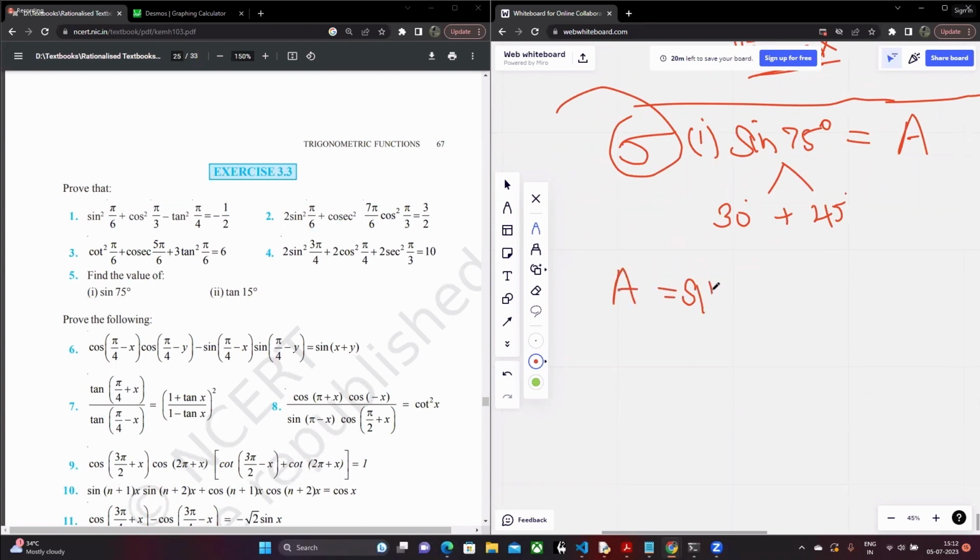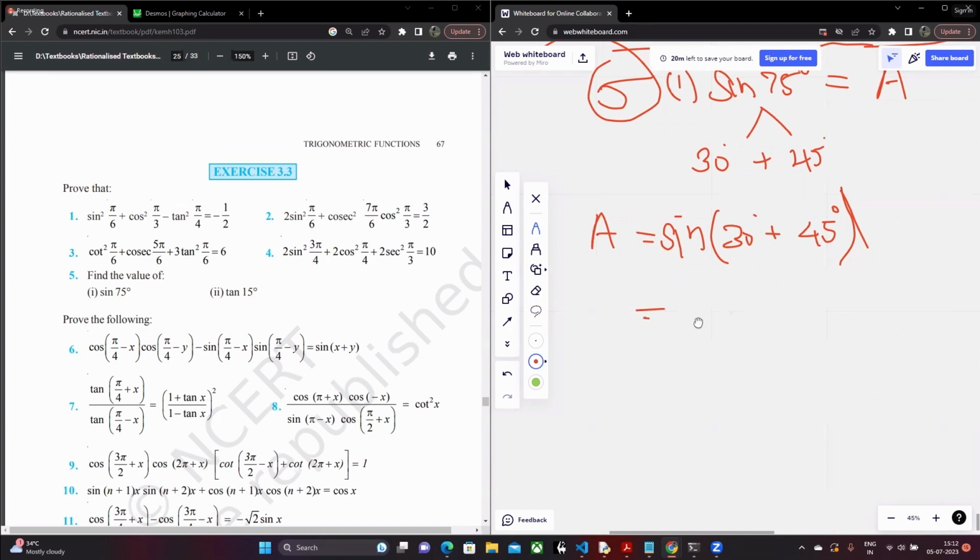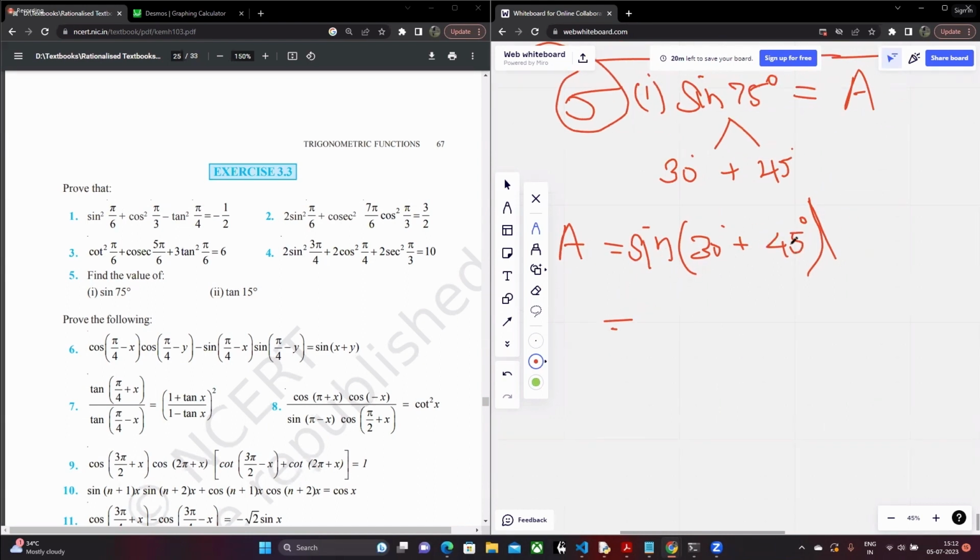A is going to be equal to sine of 30 degrees plus 45 degrees. You all know this because angles in degrees are linear additive. So 30 degrees plus 45 degrees is basically 75 degrees. It's not something like a vector where you have to think of the cosines and whatnot. Right. So this is sine of 30 plus 45.